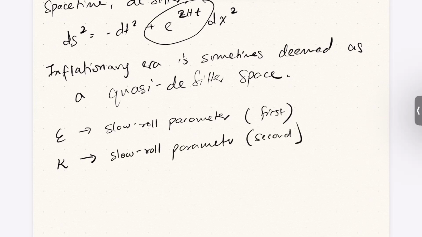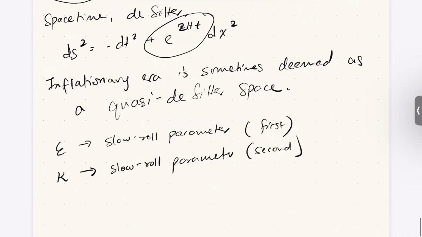Okay, so why do we need kappa? Because we need inflation to last, right? So we need epsilon to be very small. So the evolution of epsilon, because obviously epsilon goes from, let's say, 0 to 1, right? At 1, inflation ends. So this variation of epsilon has to be tracked as well, because we need epsilon to be varying slowly. So something has to track that evolution, and that is done by kappa.